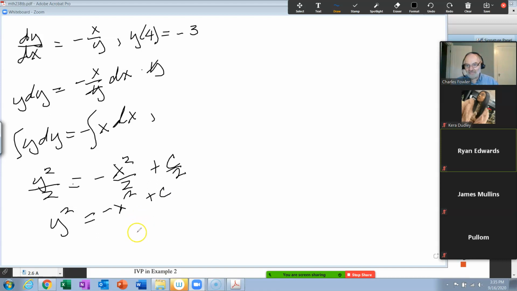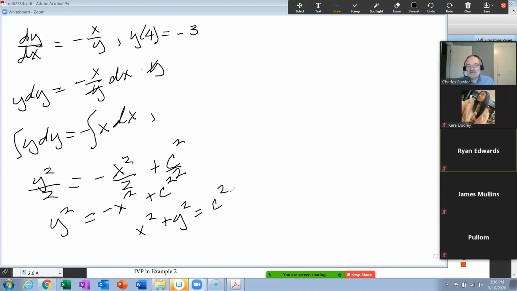Or you could write that as x squared plus y squared is equal to c squared. Doesn't matter. c squared is a constant, 2 is a constant, c squared over 2 is a constant. Hey, what's that an equation for?